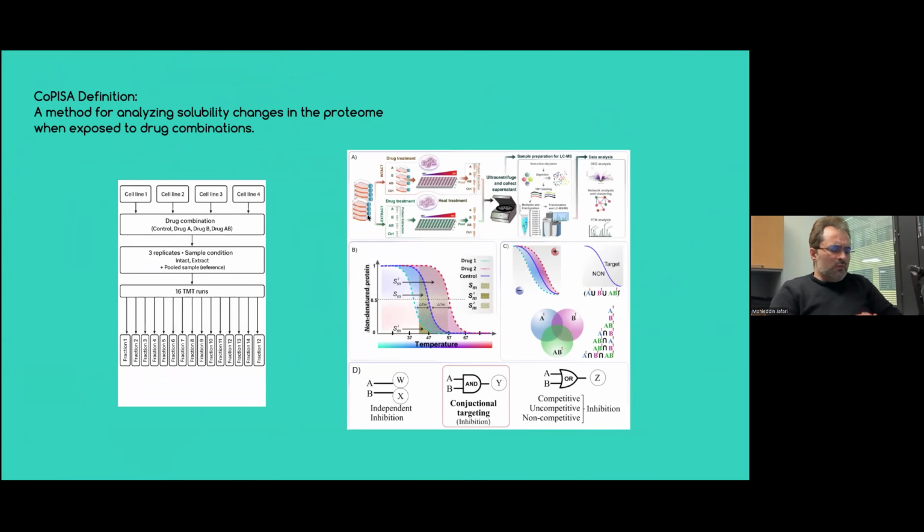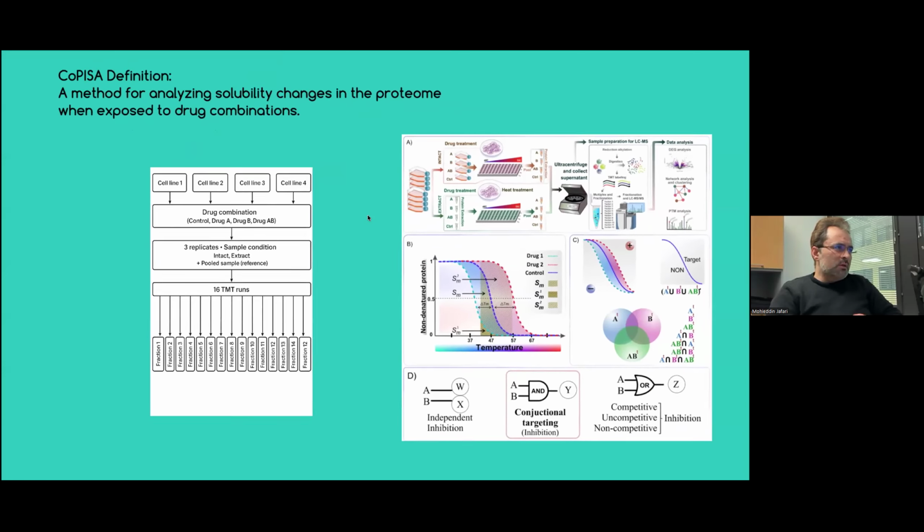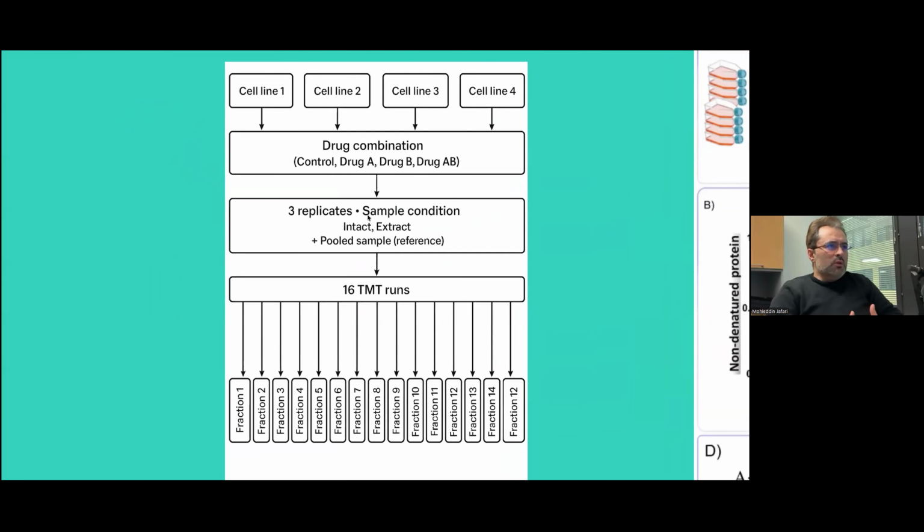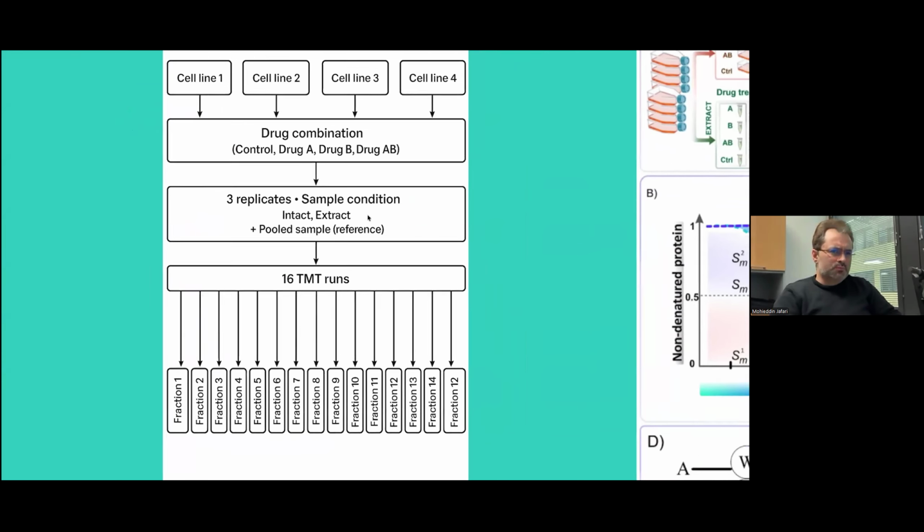To explain the experimental design briefly, we used four different cell lines and two different drug combinations, RU and LS, with three replicates, and finally we ran 16 TMT runs using 12 fractions. That's a huge proteomics study, with 192 mass spectrometry runs and more than 2000 signals based on the TMT labels we used.